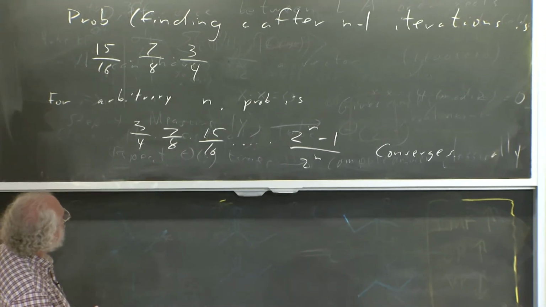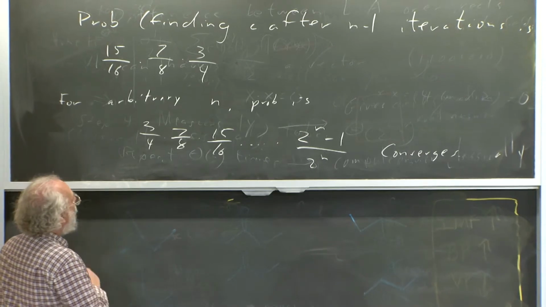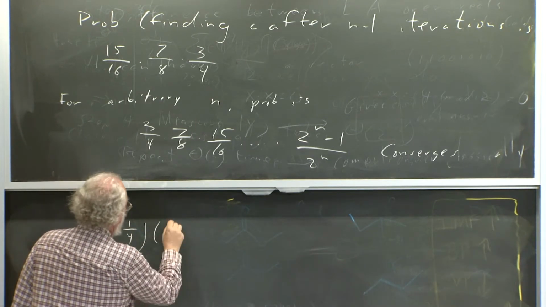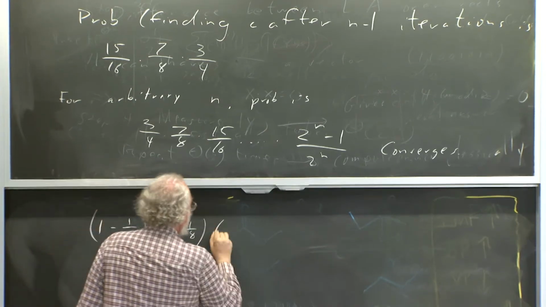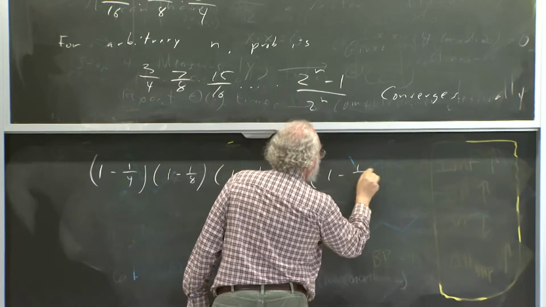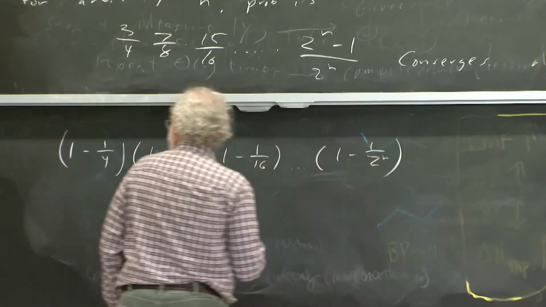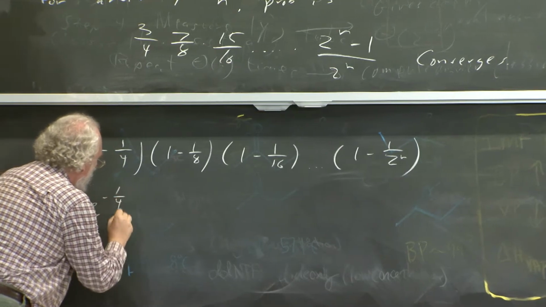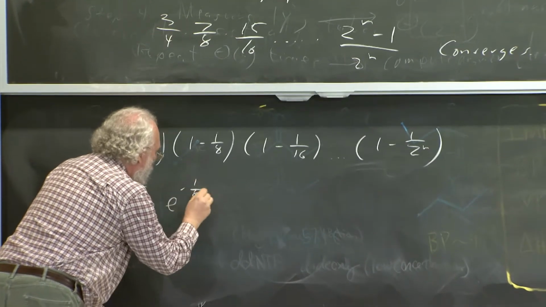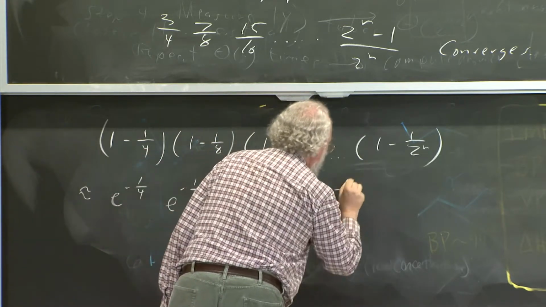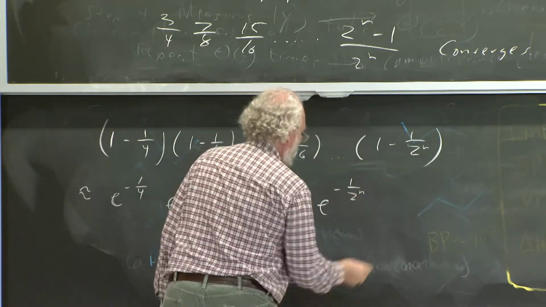And I was going to prove this converged. So this is 1 over 1 minus 1/4, 1 minus 1/8, 1 minus 1/16, 1 minus 1 over 2 to the n, which is approximately equal to e to the minus 1/4, e to the minus 1/8, e to the minus 1/16, ... e to the minus 1 over 2 to the n.